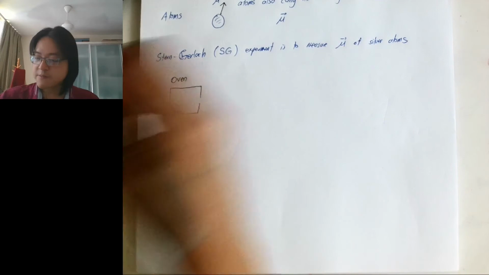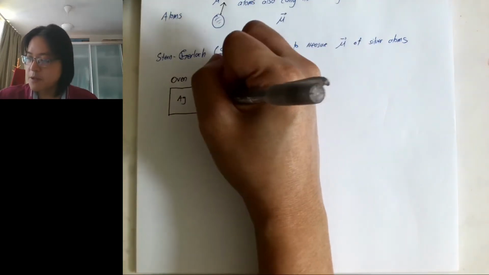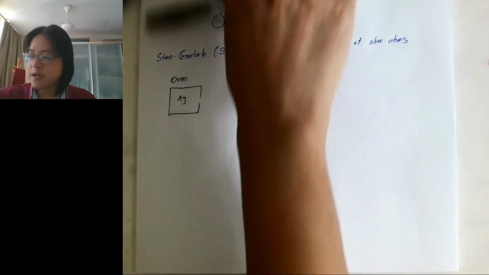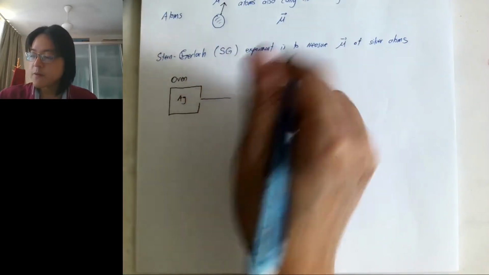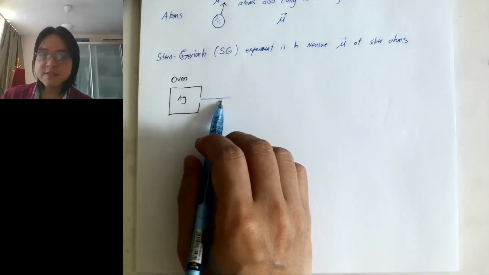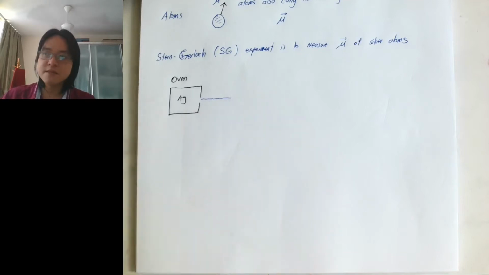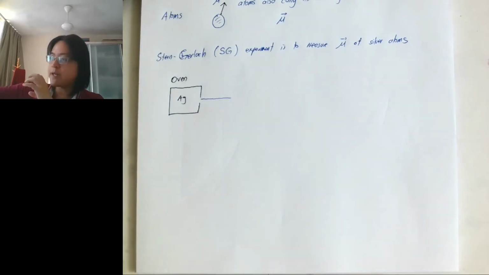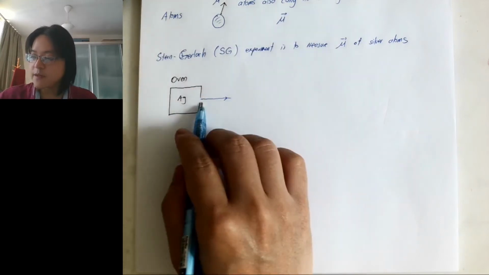So you've got some silver atoms source, and it will come out as a beam. It's not just a single atom at a time. Generally, there are multiple atoms, a beam of many particles all coming out from the gap here.